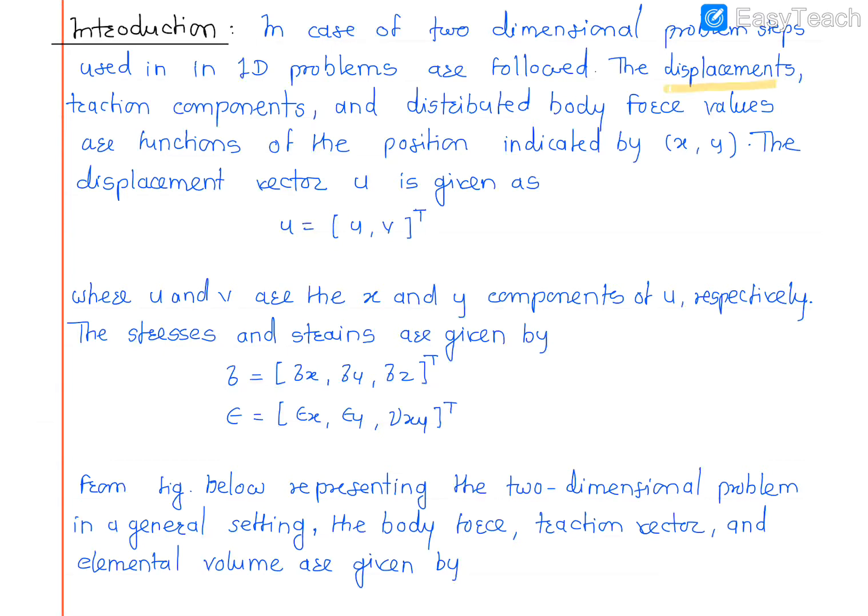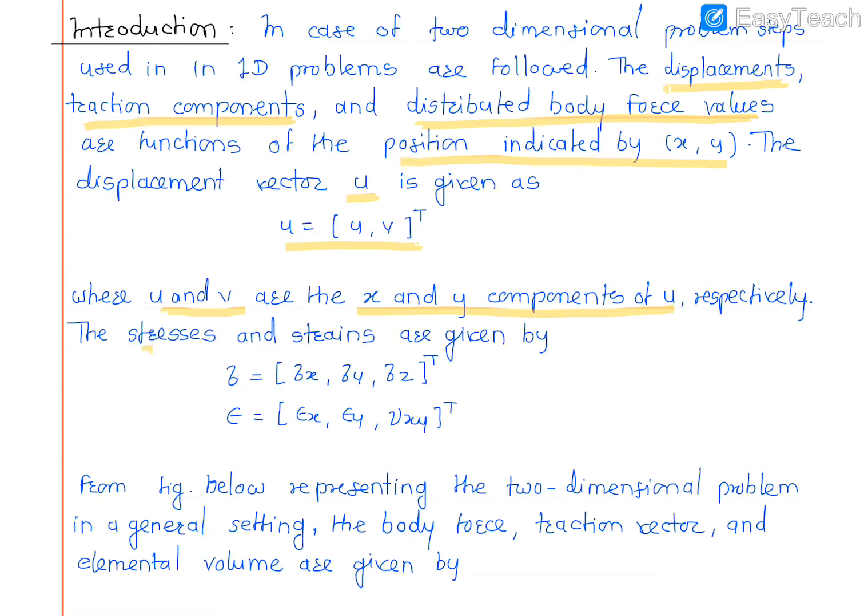The displacement, the traction components and the distributed body force values are functions of position indicated by x and y. The displacement vector u is given as (u, v) transpose, where u and v are the x and y components of the displacement.